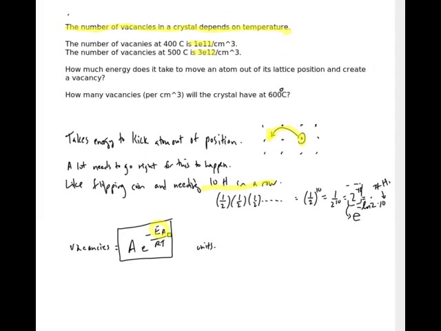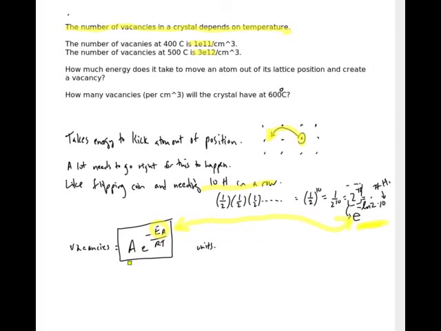I'm trying to draw a little bit of a line between these two relationships, one which you can easily make sense of, the odds of getting 10 heads in a row, and here are the chances of having enough energy to make this process happen. That's as much as I'm going to say about that.